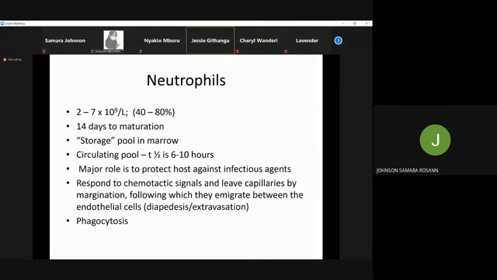They're not being released into the blood vessels for circulation. This storage pool is the reason why when you have an infection, you don't have to wait 14 days for the neutrophils to mature in order to mount a response. So if you got infected, within a few hours, you will find that the neutrophils are increased.